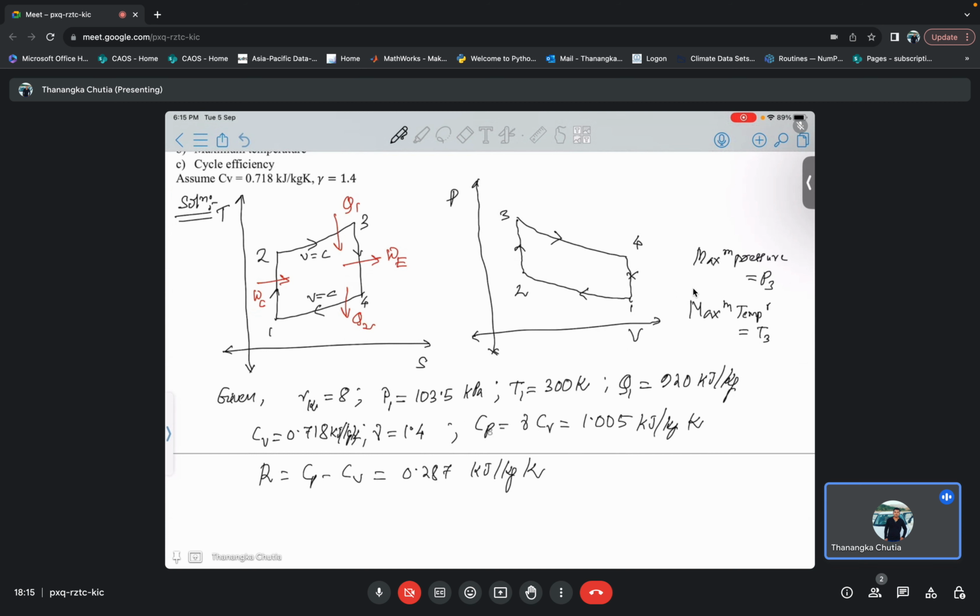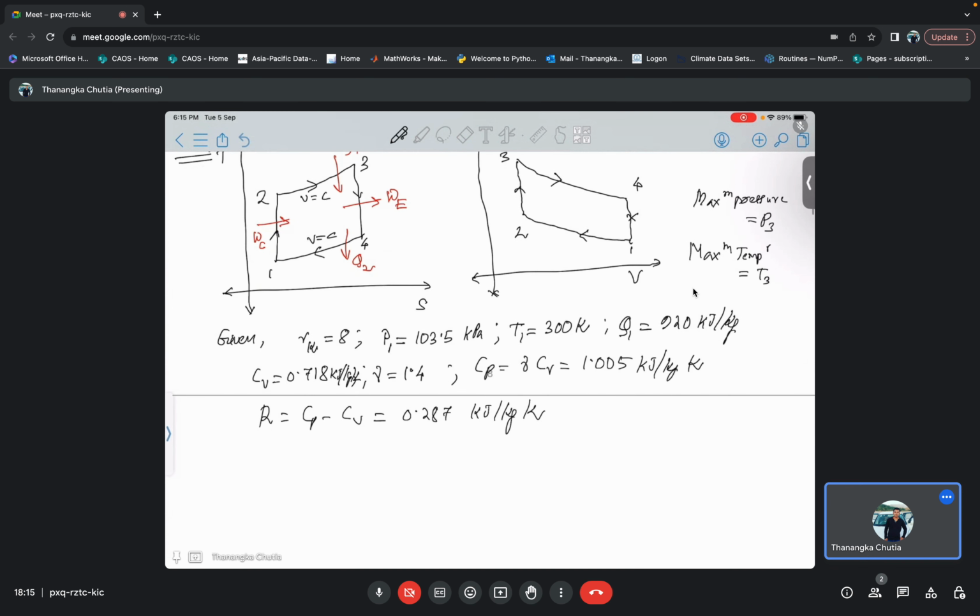So how to calculate the maximum pressure and maximum temperature? We will calculate the temperature at each step, and then we will finally get the answer. We know that T2 by T1 is equal to V1 by V2 to the power gamma minus 1. This means T2 by T1 is equal to Rk to the power gamma minus 1.